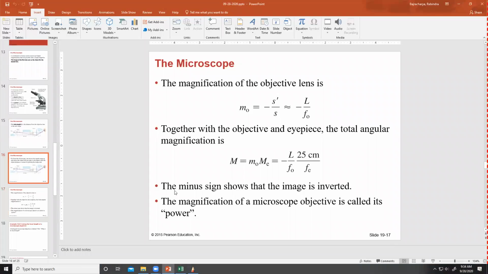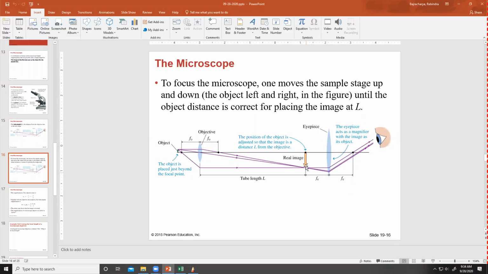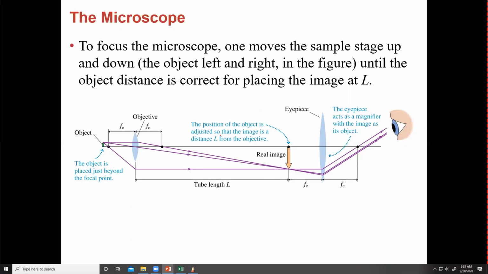It's the eyepiece that acts as the magnifying glass. So I think I just said it opposite to what it's supposed to be. If you look at this picture, because my picture was not perfect, this is the eyepiece, and this eyepiece acts as a magnifying glass. This object is pretty close to the focal point. Okay, this acts as magnifying glass.